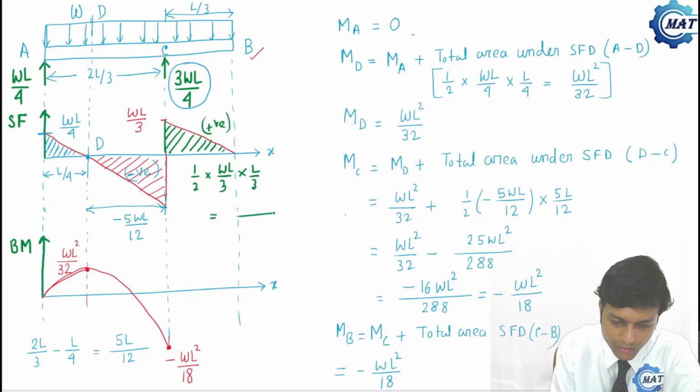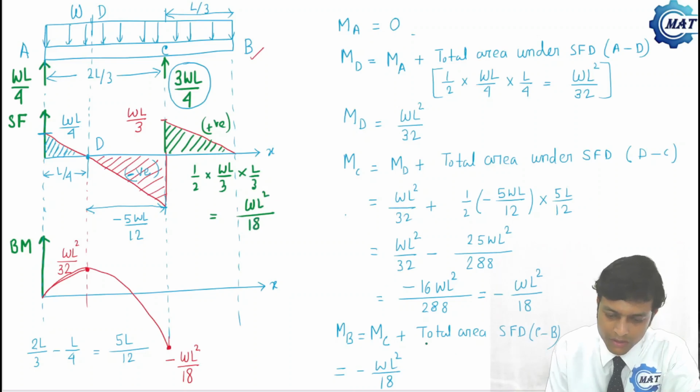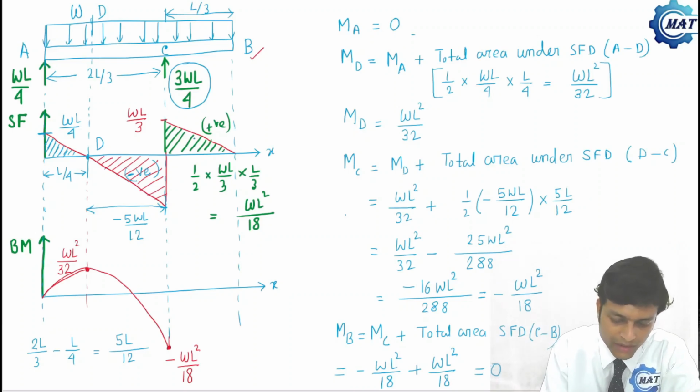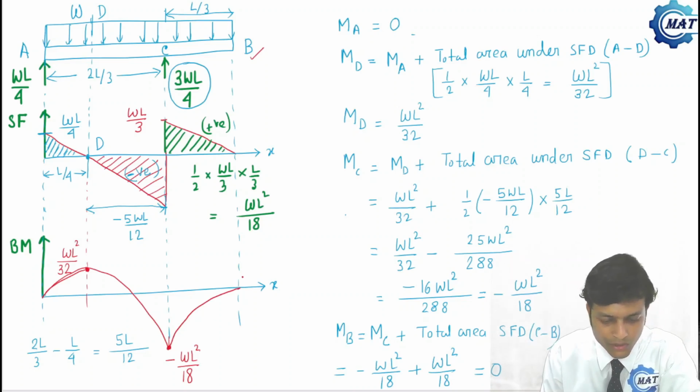So that is going to be WL square by 18. So this has to add with MC, so that is plus WL square by 18, and that is going to be 0. And as the shear force is a straight line, the bending moment will be parabolic in nature, and going to be 0.